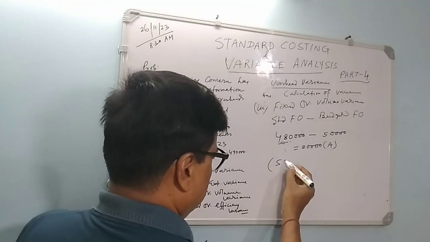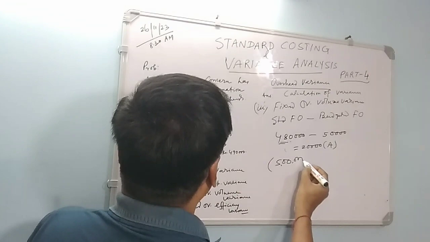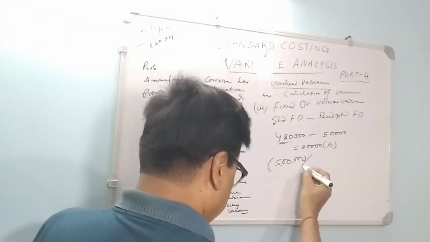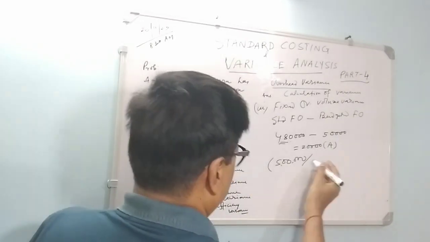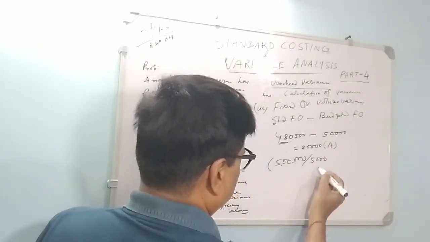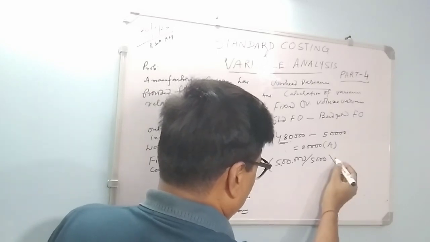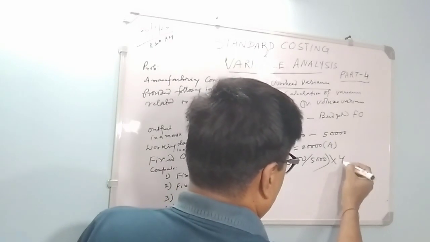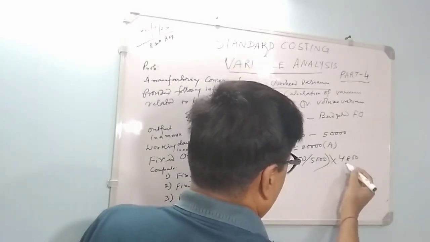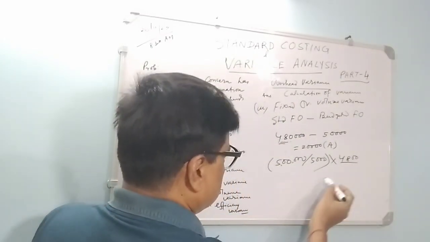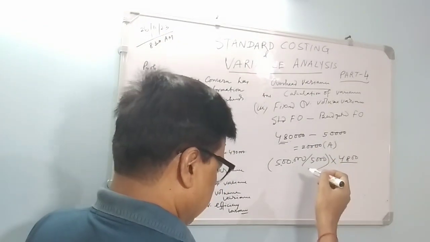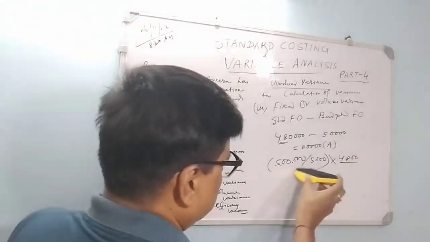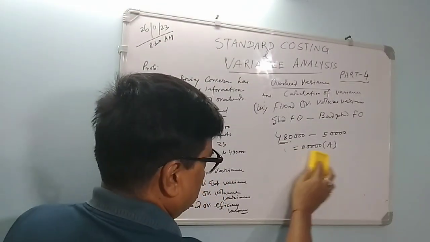You remember that 5 lakhs standard fixed overhead divided by your standard units 5,000 into your actual units 4,800. So it is the standard for actuals, practically standard for actuals. So this 4,80,000 is coming, right?